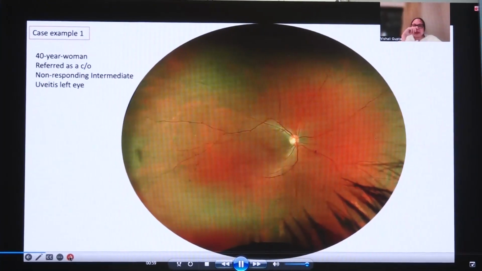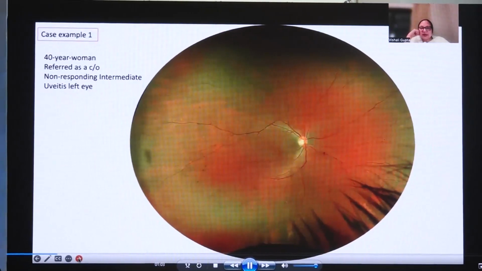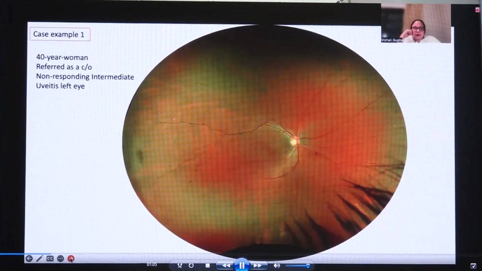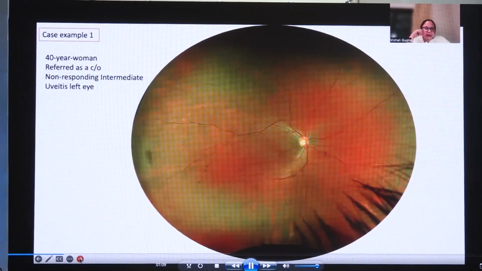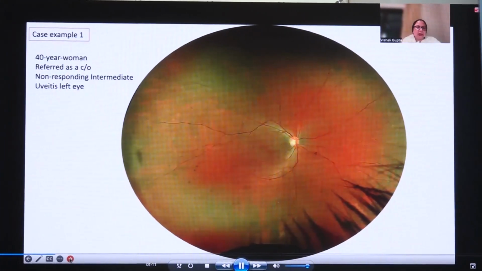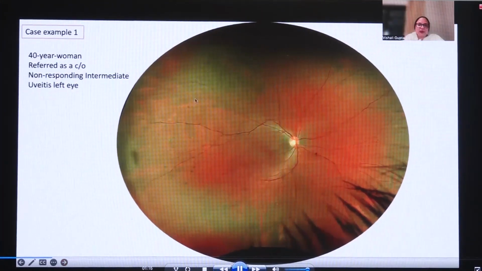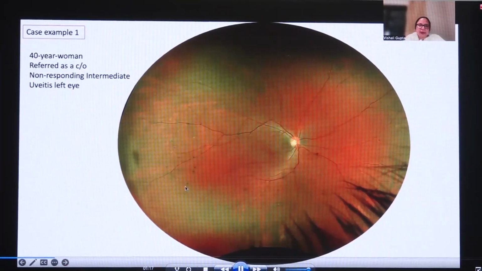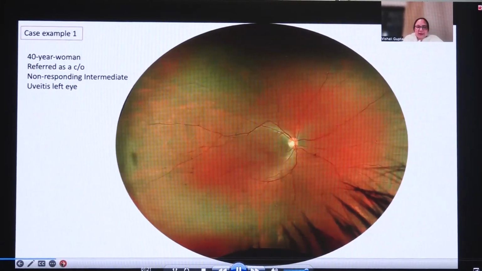To give you an example of the importance of diagnostic vitrectomy, this 40-year-old lady was referred to me as a case of recalcitrant intermediate uveitis in her left eye. When we examined the right eye, it did show some punched out lesions here and there, but nothing very significant.